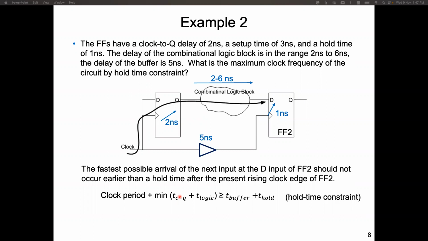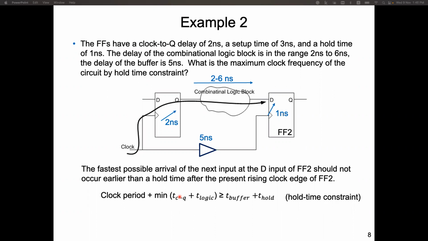Say the next sample comes here and it has two delays, the clock to Q delay plus the logic delay. It should not occur sooner than this time, right? Otherwise, it will ruin the input of the second flip-flop. I hope you can get this.